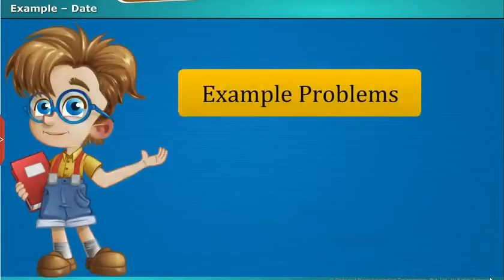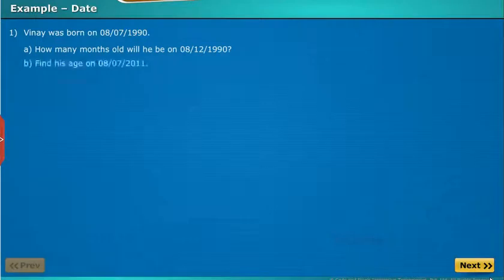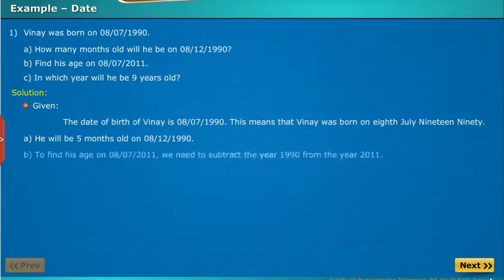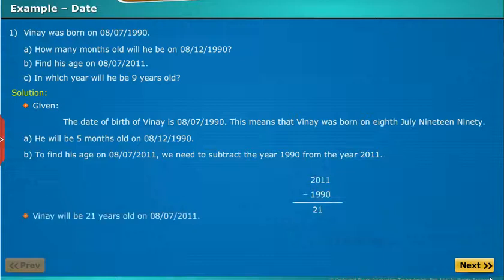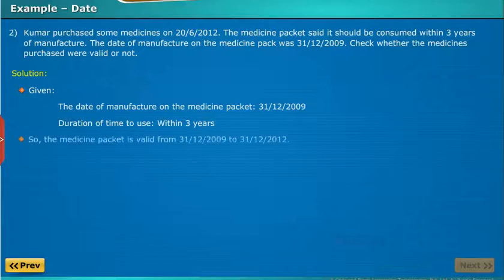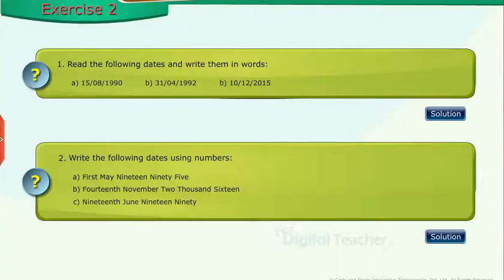Let us solve some example problems on the concept of date. Let us solve some exercise problems.